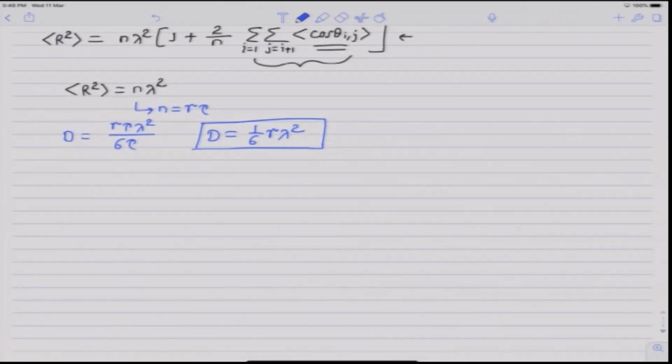Now, in order to evaluate the successful jump frequency, we need to consider two contributions. For any successful jump of an atom, two conditions have to be satisfied. First, the atom has to gain an energy equal or greater than the activation energy for migration.